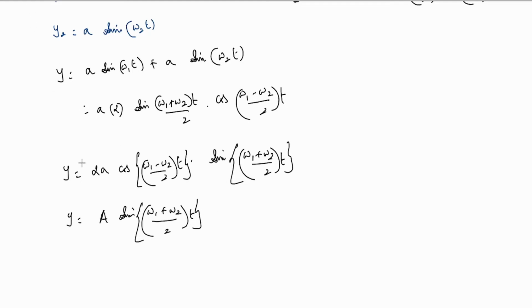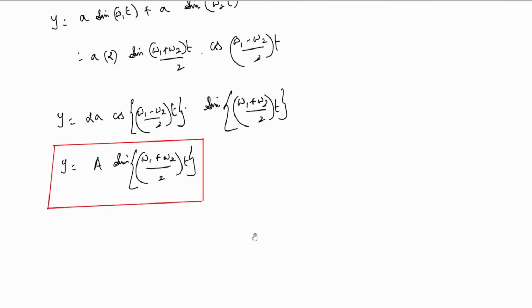This is the equation for displacement of the wave at a given point, where A is equal to 2a into cos of (omega 1 minus omega 2) by 2 into t.